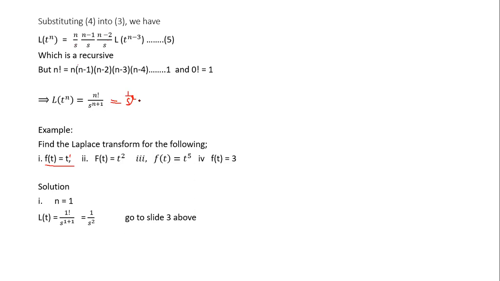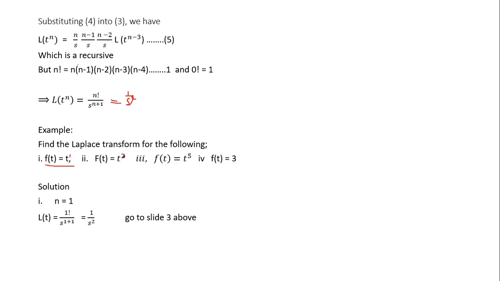So let's move ahead and see more examples. Let's find Laplace of t squared. With this, our n now is 2. So we are going to have 2 factorial over s^(2+1). So it becomes 2 factorial over s^3.